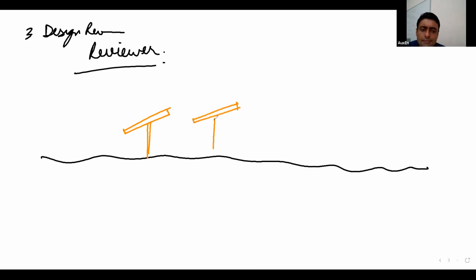Whatever electricity is generated by these panels is then transferred to the electrical grid. That is how this becomes a generating station. So this was a 5 megawatt project that we were associated with as reviewers.